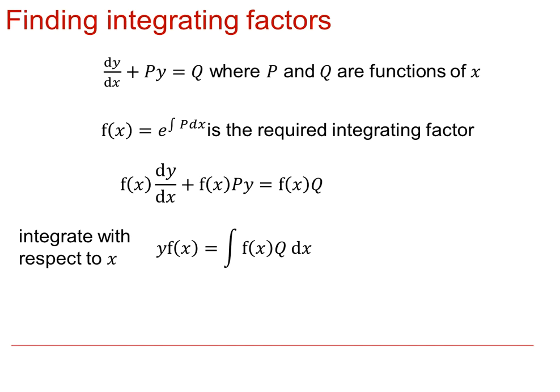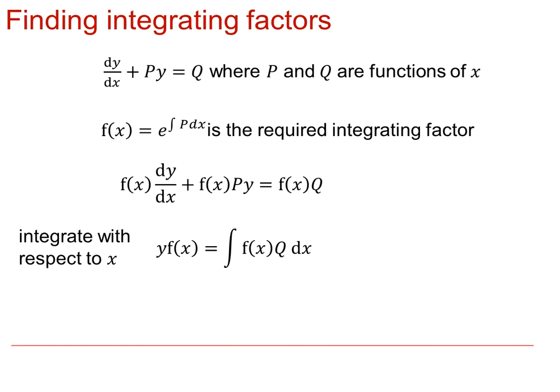In summary then, to find an integrating factor for the type of equation where dy by dx plus py equals q, p and q both being functions of x, the required integrating factor f of x is found by the exponential of the integral p of x dx.